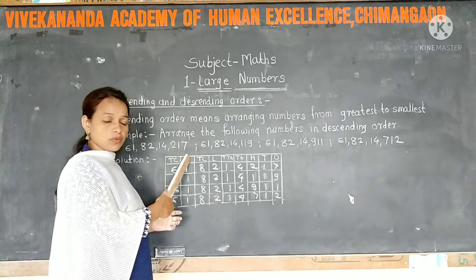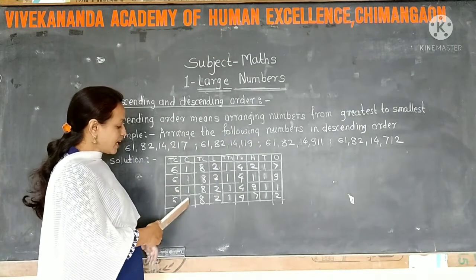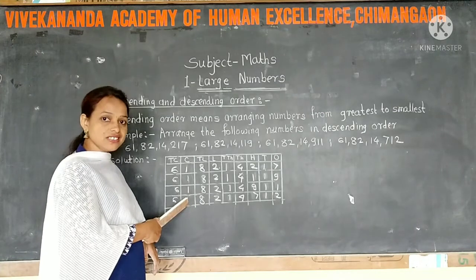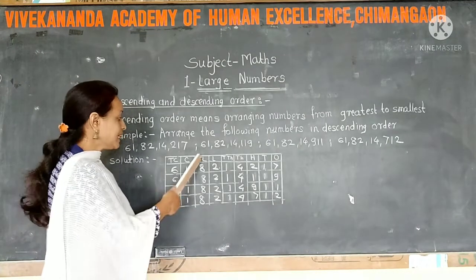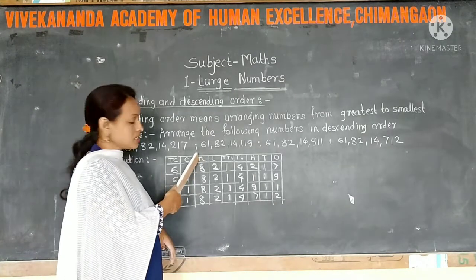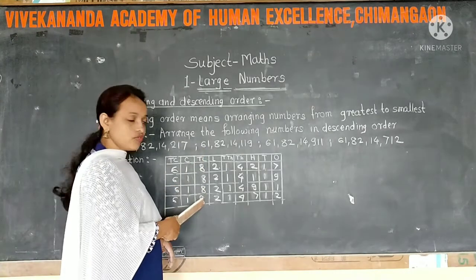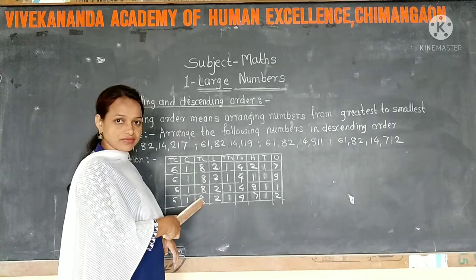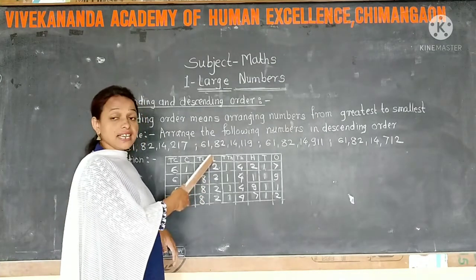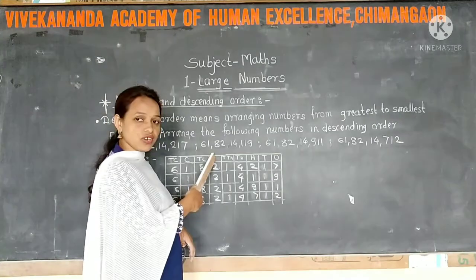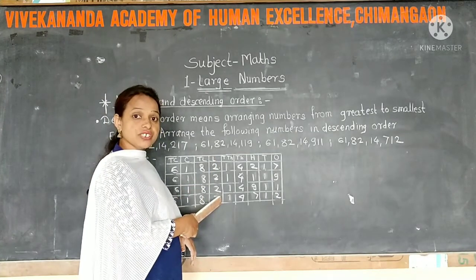Digit at crore place of this given 4 number is 1, which is same. Now we compare 10 lakh place. Digit at 10 lakh place of given 4 number is same. It is 8. So we will check now lakh place. Digit at lakh place of this given 4 numbers is 2, which is same.